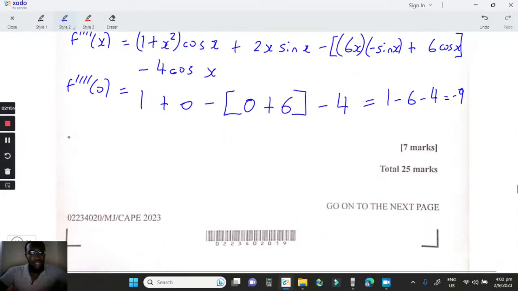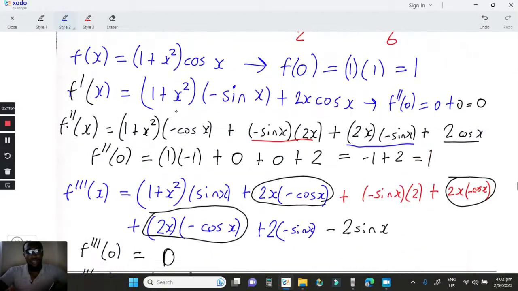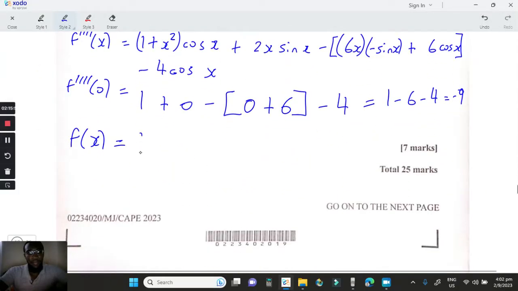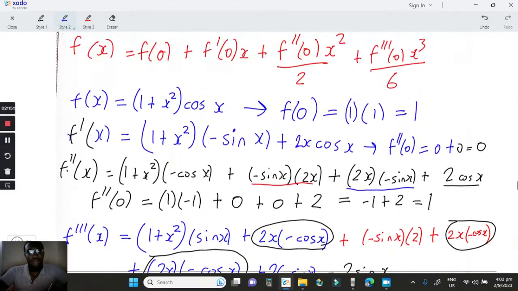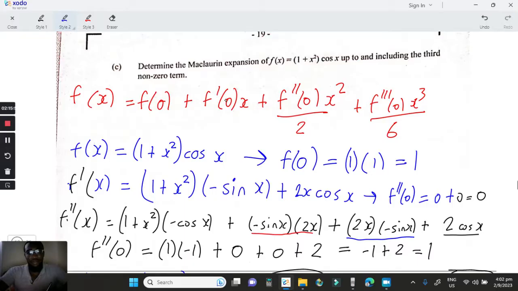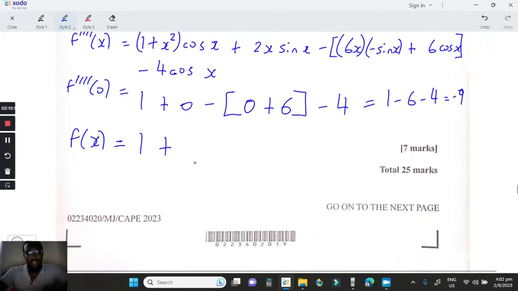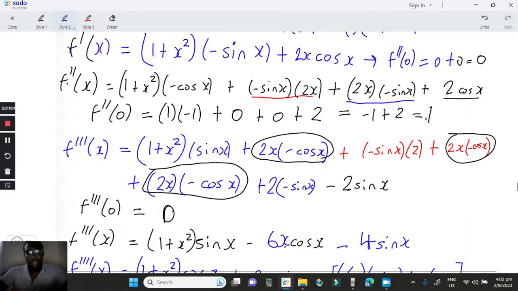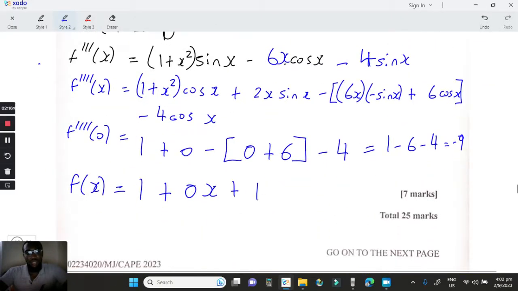So now I can put in my final answer. So now I can tell them f of x is equal to f of 0. F of 0, remember, this is the formula we're using. F of 0, remember, is 1 plus f prime of 0. F prime is 0, so 0x plus f double prime. F double prime is 1, so then now plus 1x squared over 2 plus f triple prime, which is 0x cubed over 6.